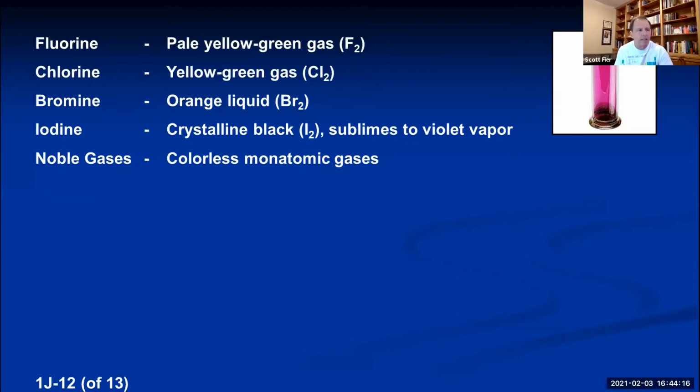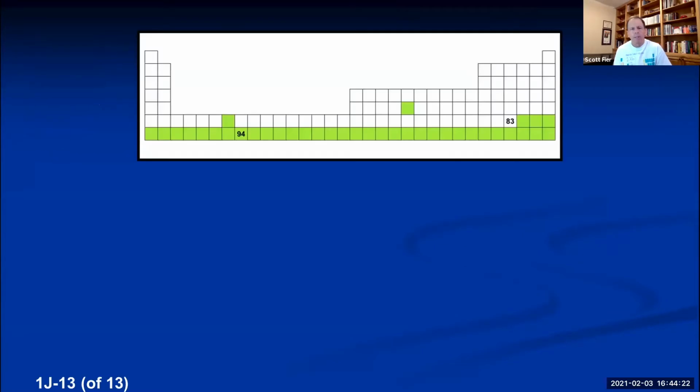Now, last thing for us to know in preparation for the test a week and a half from now, okay? On the periodic table, there are 118 elements, and there are maybe 20-something of them in which every single isotope is radioactive.